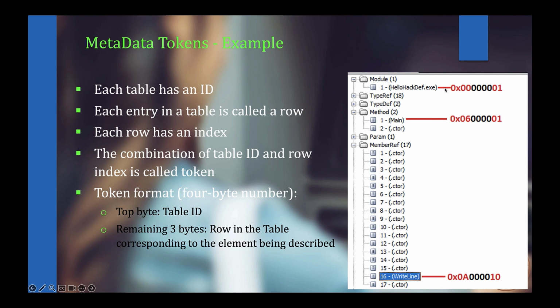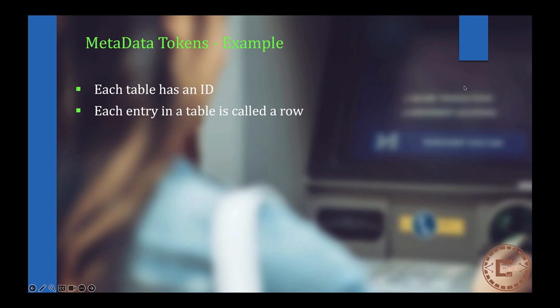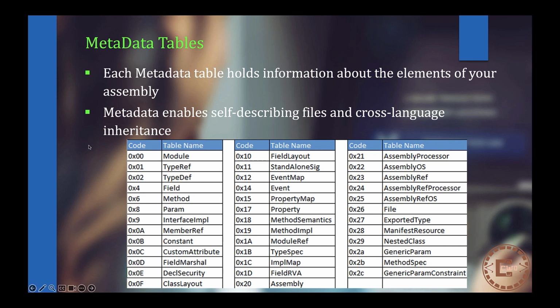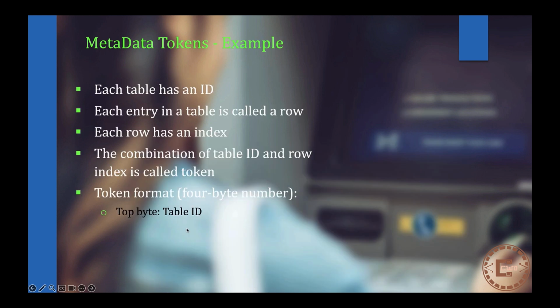In this case 00 is the table ID, in this case 06, and in this case 08. What is 00? Let's go back. 00 means it's a module. 06 is a method. 08 is a member reference. Okay, module, method, member reference.